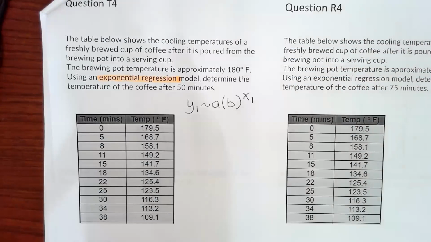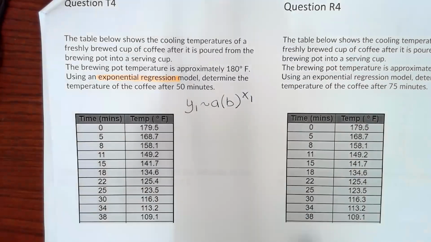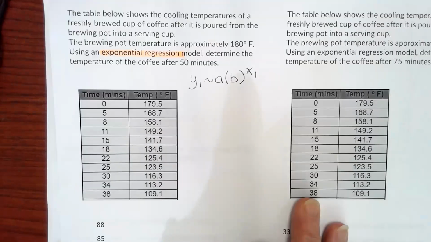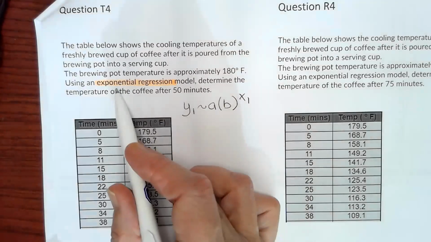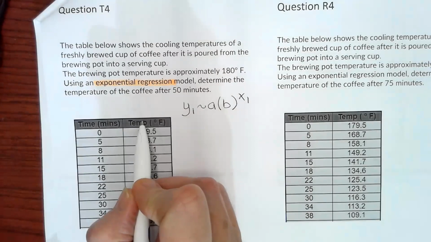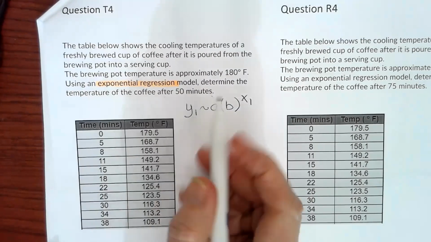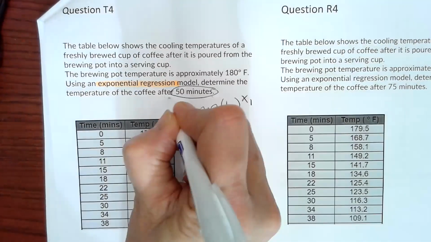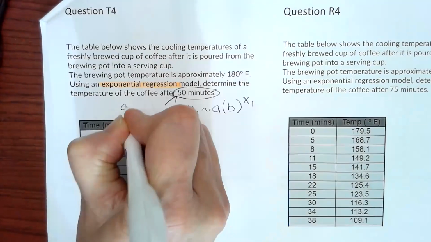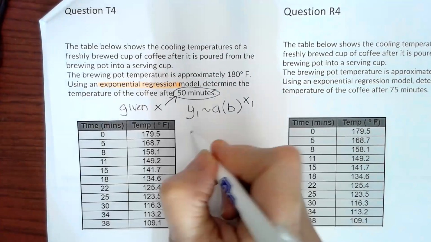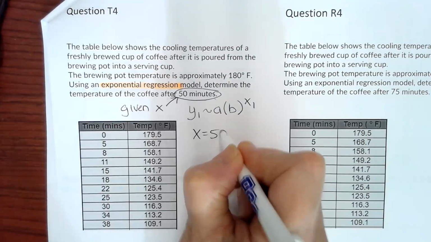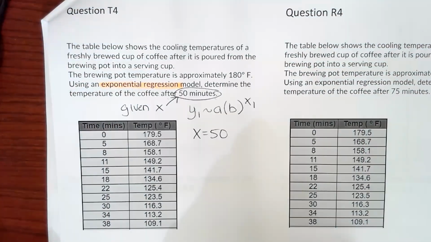So we're going to put this in the table in Desmos. And then this particular question says, determine the temperature. So we're looking for temperature after 50 minutes. So what they're giving me is an X. So I'm going to type in X equals 50 after I get my first equation.